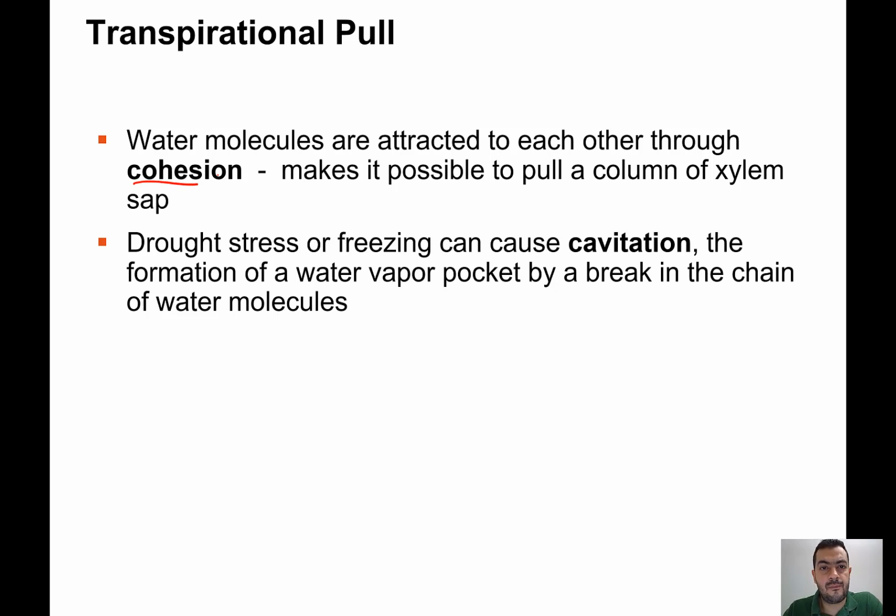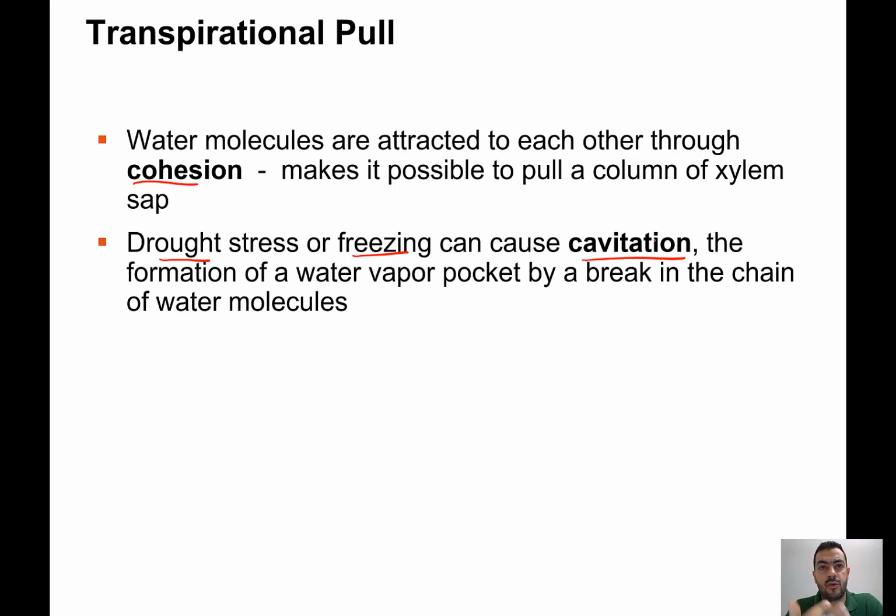However, there are some problems that the plants may face during drought, stresses, or freezing conditions. So during drought or freezing conditions, that will create what we call a cavitation. So you can think of it as like air bubbles. So these air bubbles will create like pockets. It will create like cavities.